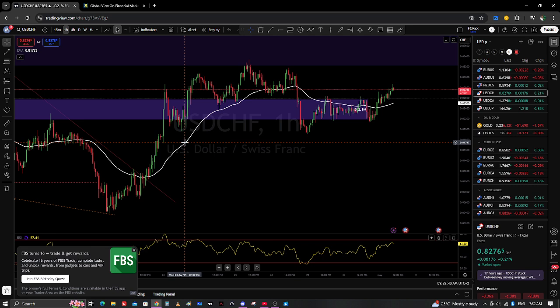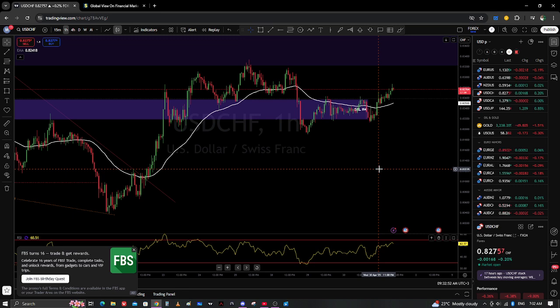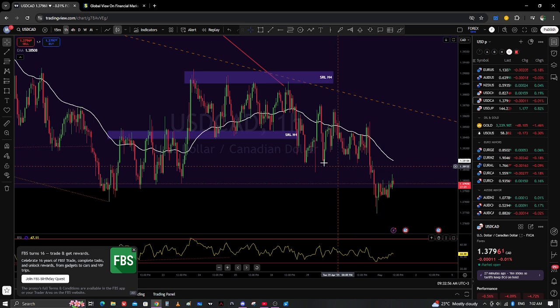Going to the 1 hourly of the CHF, we can identify the same thing, but it's not spectacularly bullish. The trend is not spectacularly clear, so we might as well pass. Dollar CAD, the Canadian dollar, we have not very good price action because it is ranging.